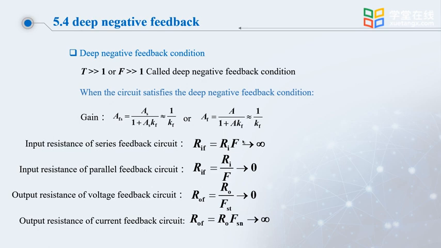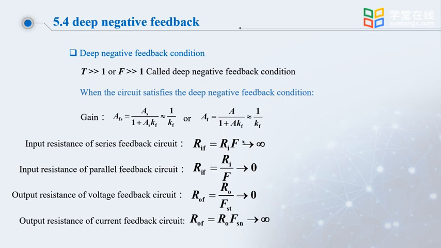Let's take a look. Based on the deep feedback condition, the closed loop gain equals the open loop gain divided by 1 plus the open loop gain multiplied by the feedback factor. Since 1 plus the open loop gain multiplied by the feedback factor is much greater than 1, the denominator is approximately equal to the open loop gain multiplied by the feedback factor.